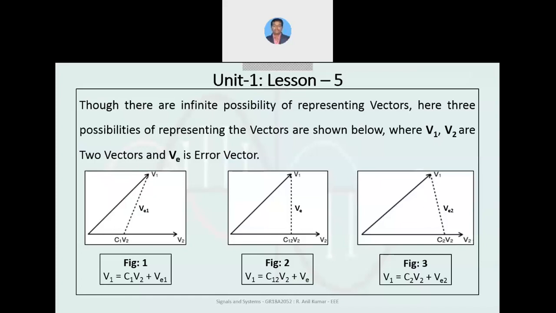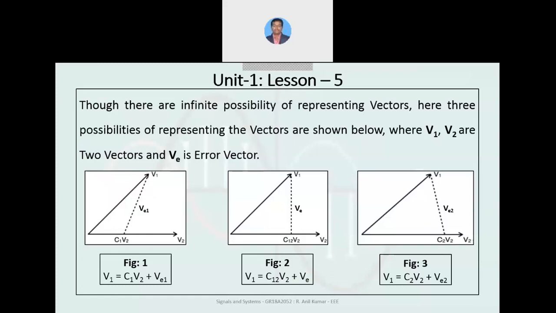Looking at the figures, among these three representations, ve is the error vector which has very little magnitude.